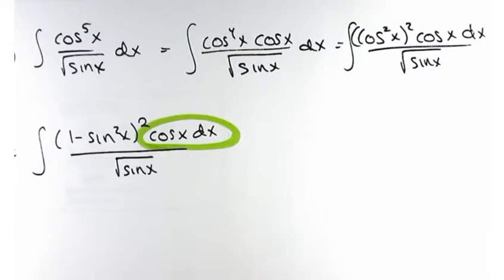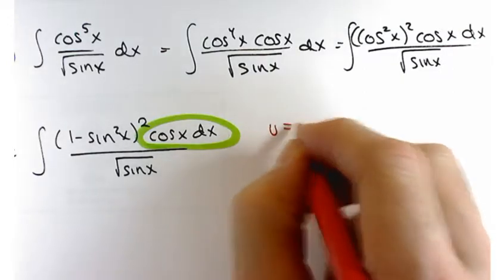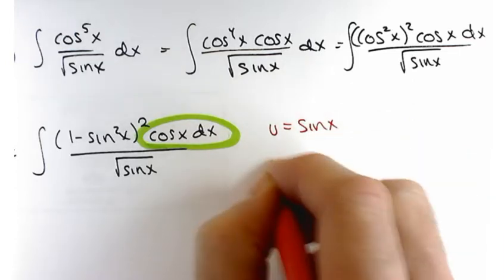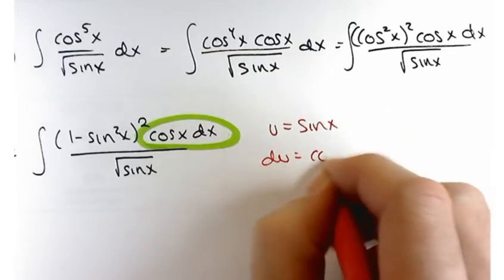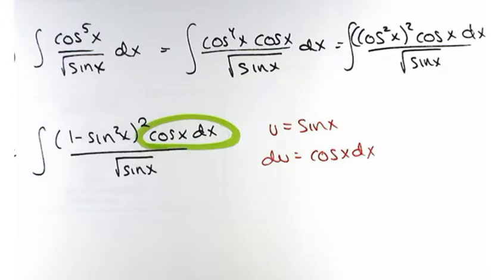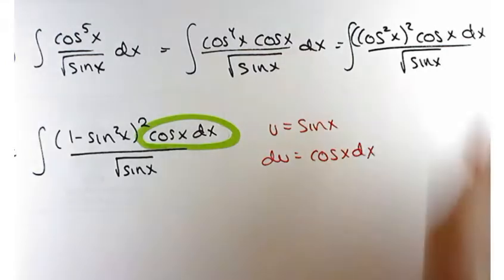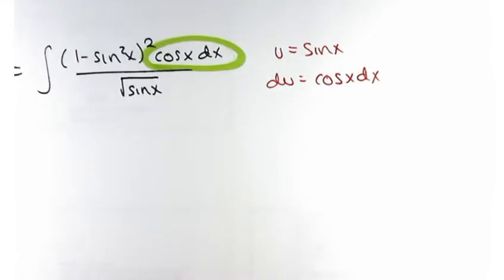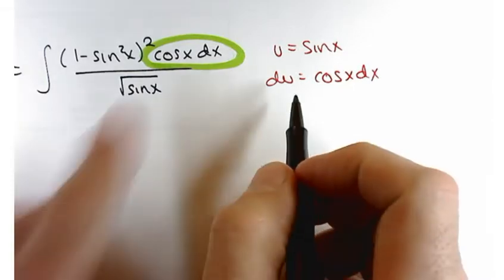So let's play with that a little bit. So here's my u substitution, u equals sine of x. Du is cosine of x times dx. So then what happens?